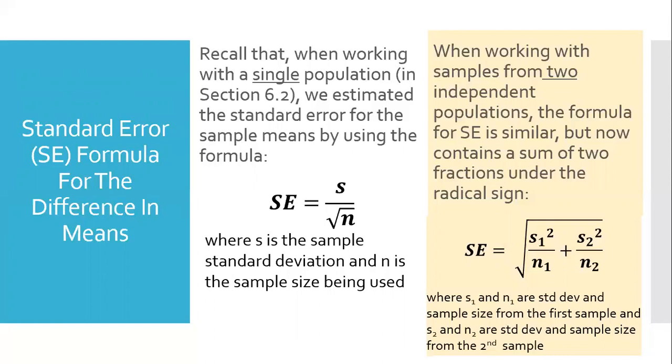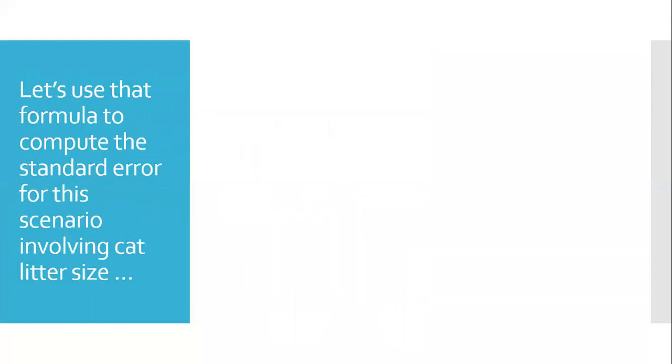So you'll notice some similarities here, both to our formula from section 6.3 and also certainly similarities to our formula from section 6.2. Let's use that formula now to compute out the standard error for this particular scenario.